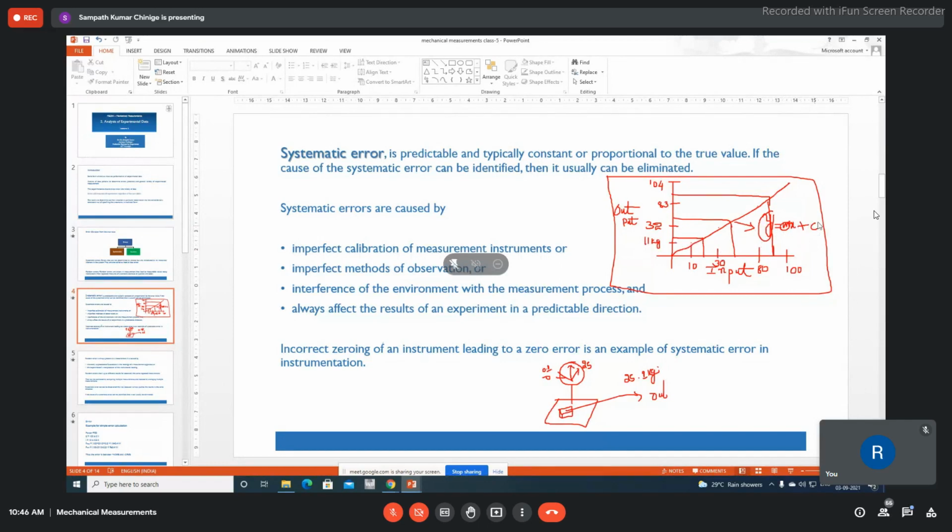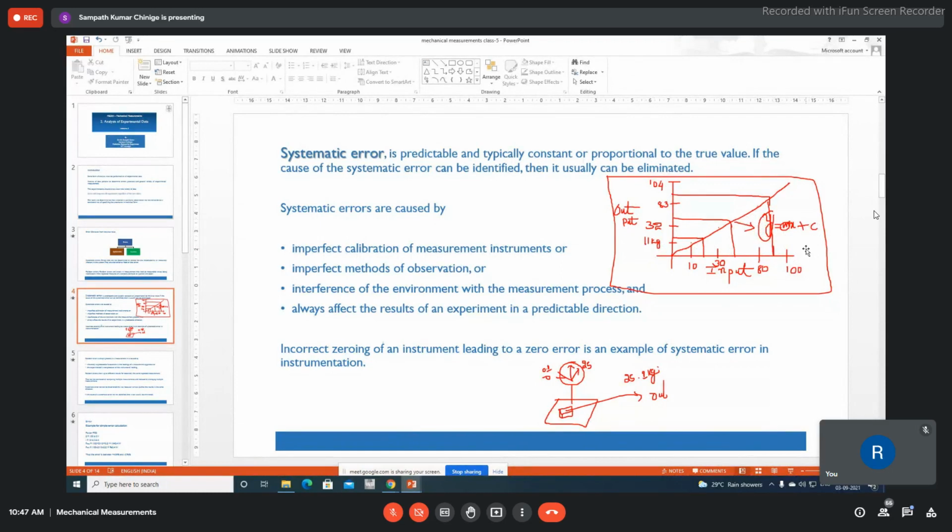So by doing this, you are able to get back to the input properly. Even though your output reading is this, your calibration equation will help you get the accurate value. So even though there is a systematic error, you are able to eliminate that error by doing suitable calibration.